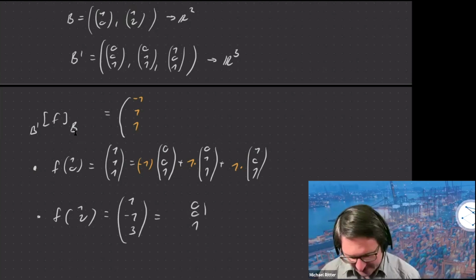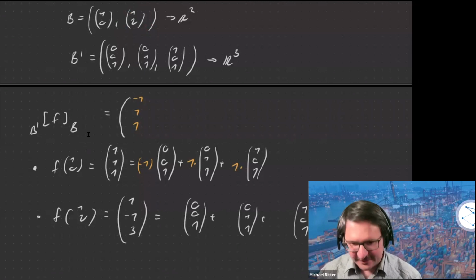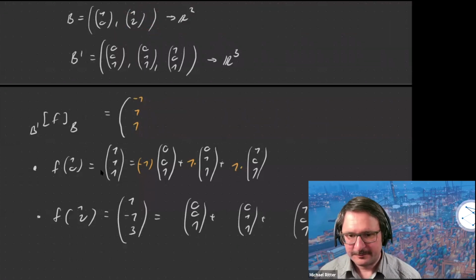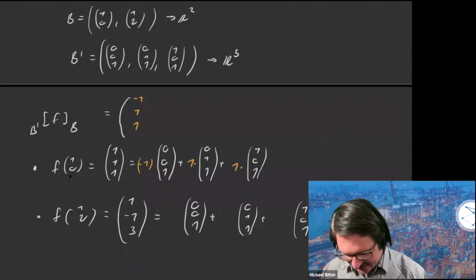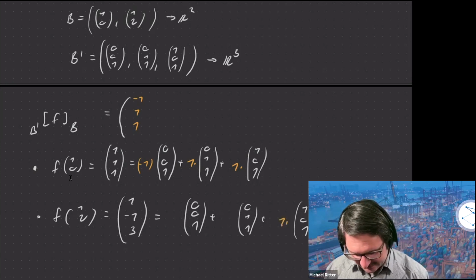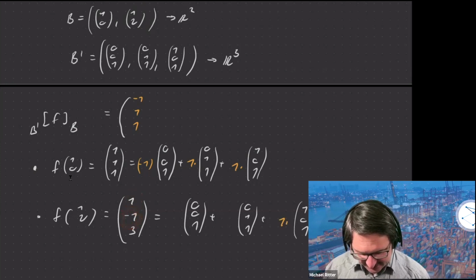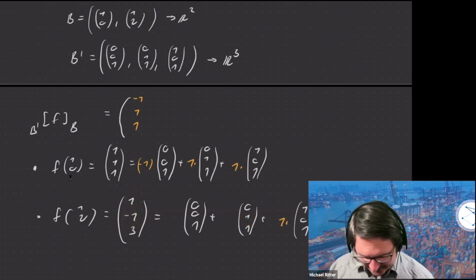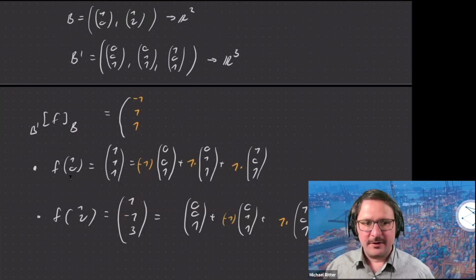And again, we need to express that as a linear combination of those three vectors here. And to do that, we again need to take this vector here once to get this one here. Then for the second row, we need a -1. We can only get this from this vector here. So we need a -1 here. And now we'll have to find the right coefficient for the third row.